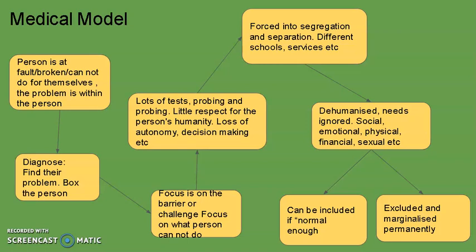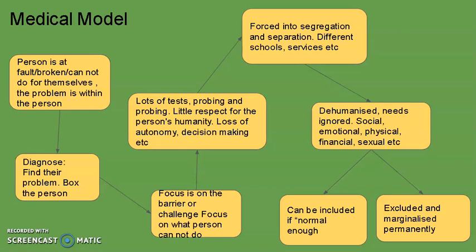And then they were later put into two categories. Either they can be included if they are quote unquote normal enough, if they seem to be able to fit into society's expectations of them, they're okay and they can go and join society as normal, or they're excluded and marginalized permanently, as I said, in institutions, in different schools, not in social settings, not in community, not accommodated for.